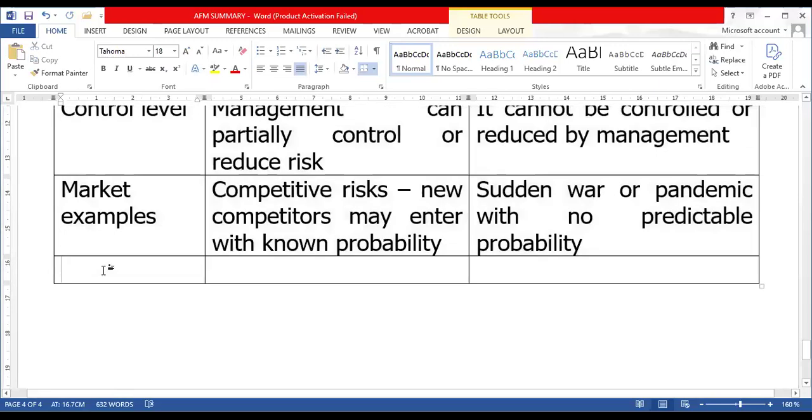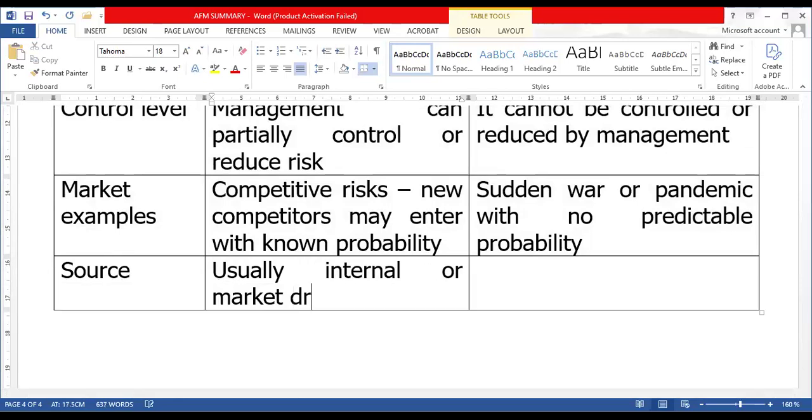But the point that you can recall is about the source. For risk, the source is usually internal or market driven, like cost overruns and price changes, which can cause risk. But for uncertainty, the source is usually external.